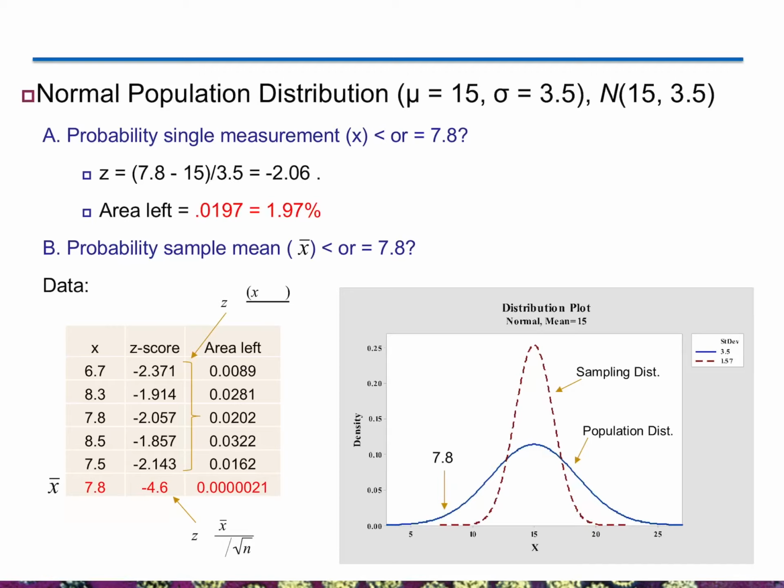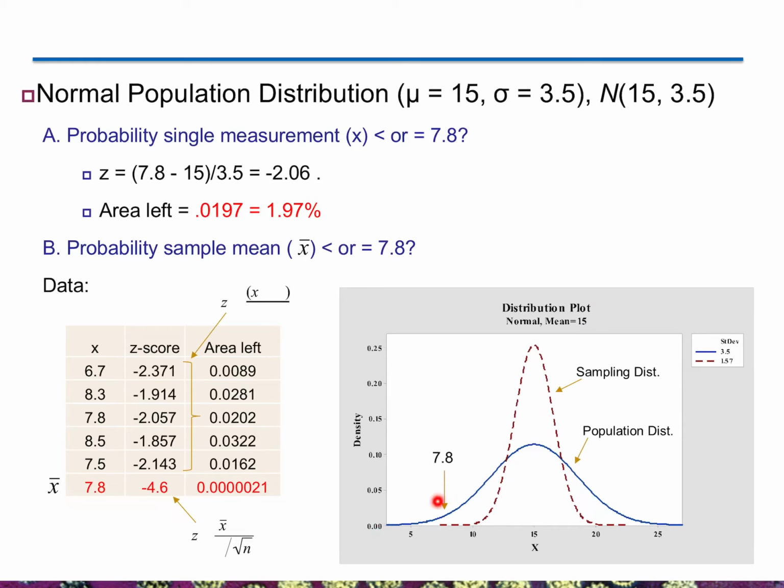With this slide, we'll look at that again, just with a different example. Let's say we have a normal population with a mean of 15 and a standard deviation of 3.5. This is how we would state that in statistical notation: normally distributed, mean of 15, standard deviation 3.5. Now, what is the probability of a single measurement, an x value, of less than or equal to 7.8?